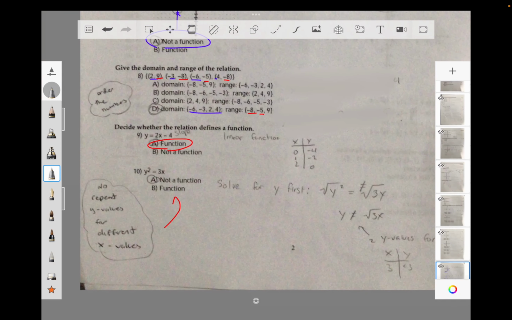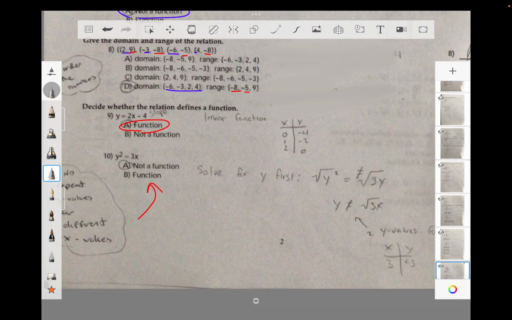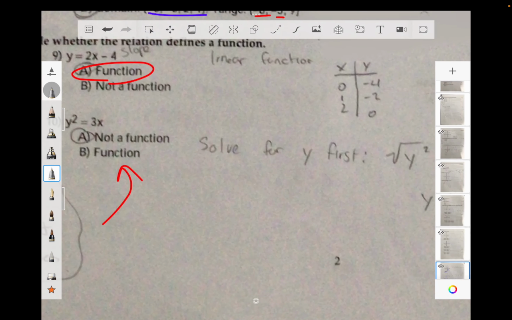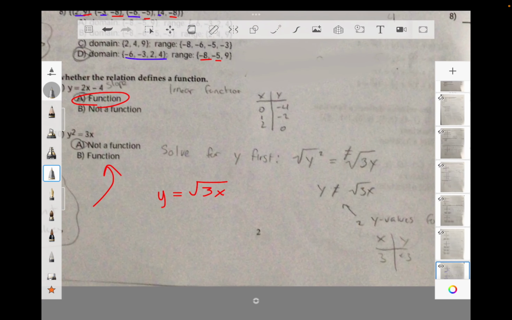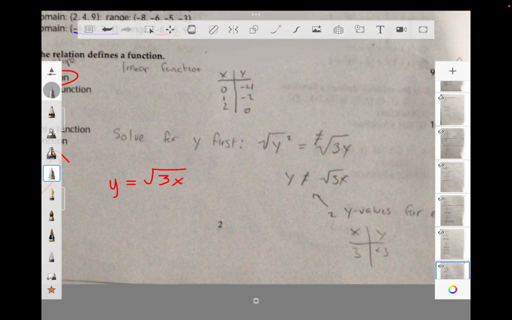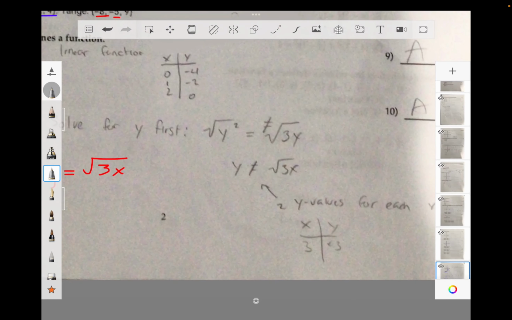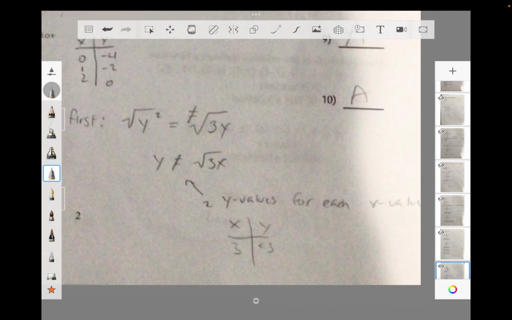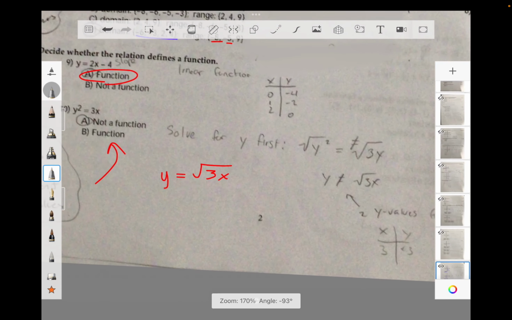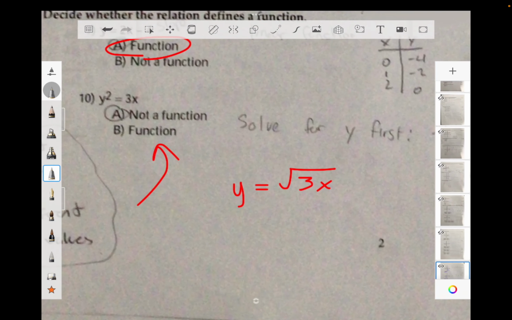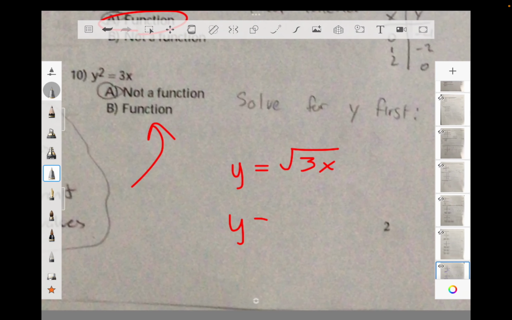But for this one, y squared equals 3x. If I get rid of the square and put a square root, so y equals root 3x. So remember, for the square root, when you give an answer, it's y equals plus or minus root 3x.